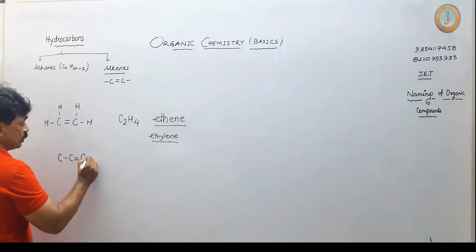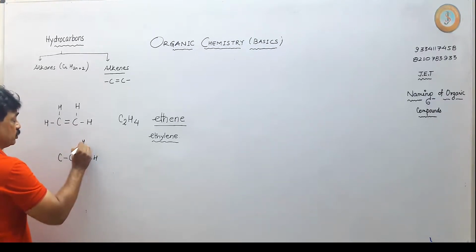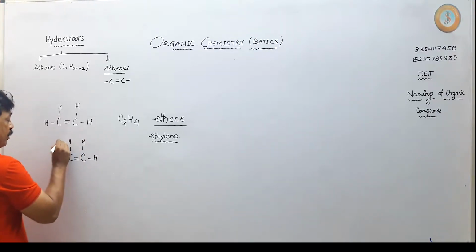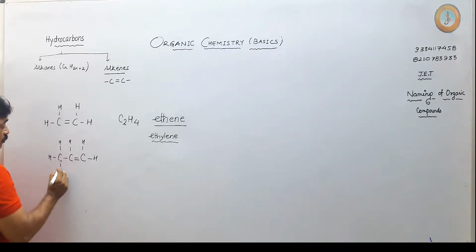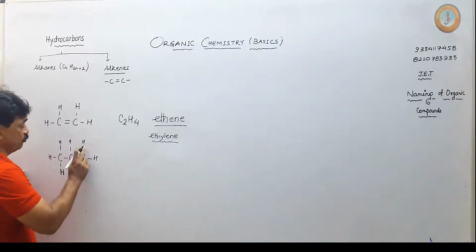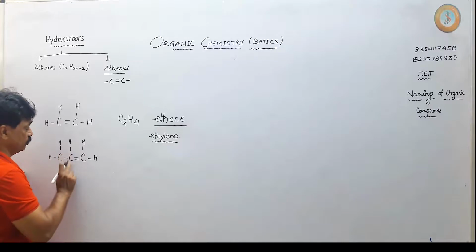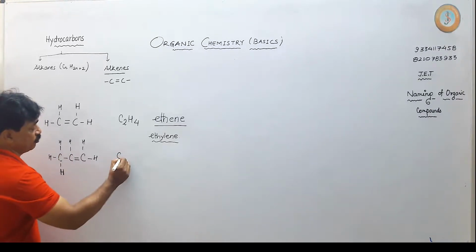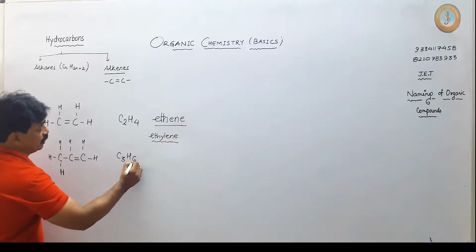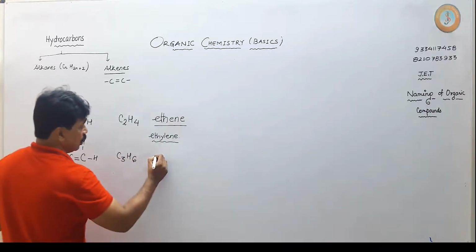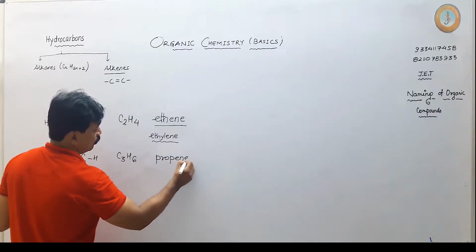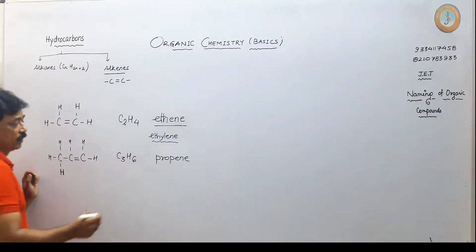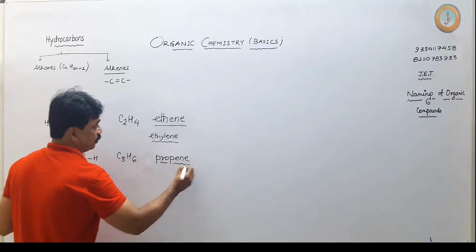Now complete and fill up the hydrogens, and count and confirm that you have correctly put the number of sticks, 1, 2, 3, 4 for this carbon atom, 1, 2, 3, 4 for this carbon atom, and therefore this formula will be C3H6, and this will be known as propene. Pro means 3 and ene means double bond, propene.